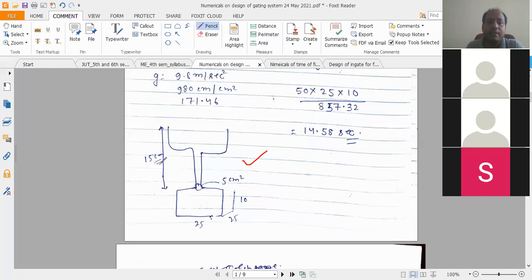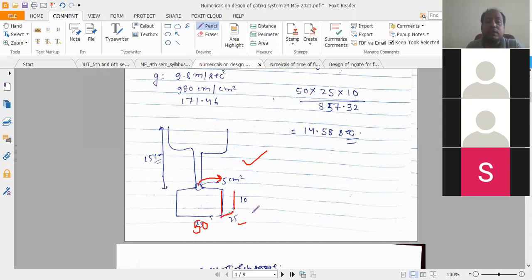This is the total height, 15 centimeter, given in the question. The area of the gate is 5 centimeter square, and the mold cavity dimension is given: this is 50 centimeter, the width is 25 and the height is 10 centimeter.